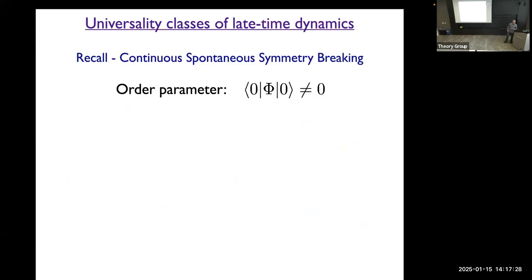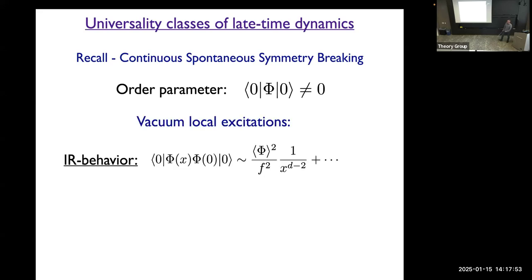So in some sense, I want to try to rephrase this for those of you who are EFT aficionados, in a kind of EFT sense, right? When we are looking at the ground state, the vacuum, we're used to the following sort of thinking. We have, say, a continuous spontaneous symmetry breaking, we have an order parameter for that breaking, and because we have a non-zero value for that order parameter, we can predict what it would be like to excite that state, right?